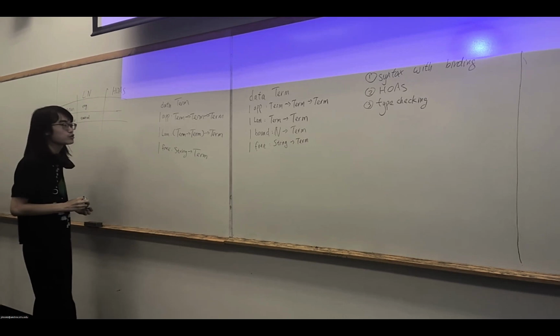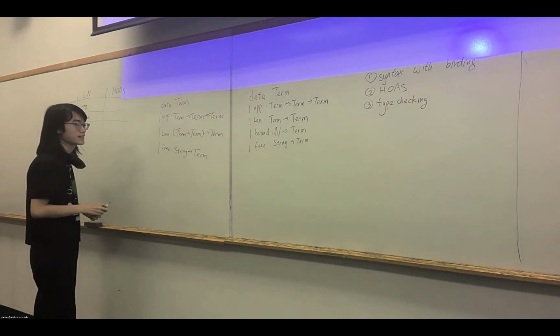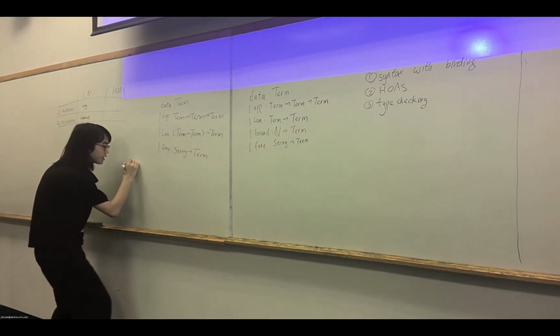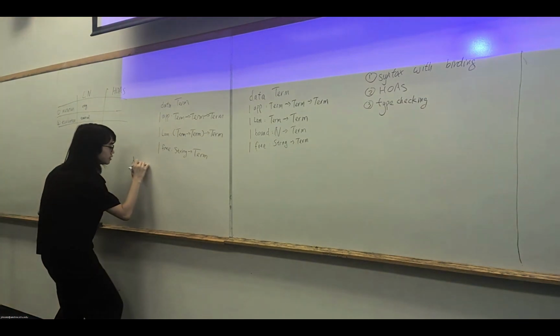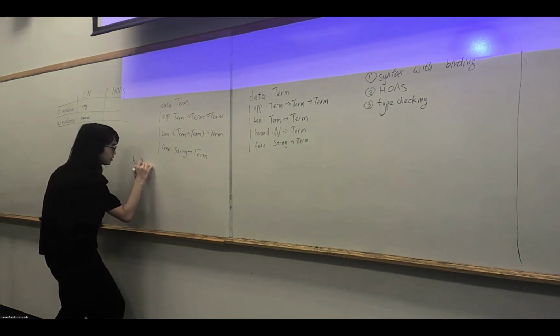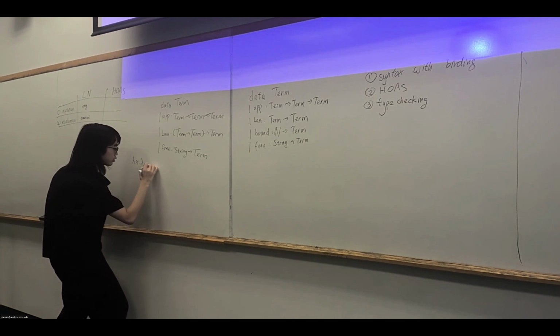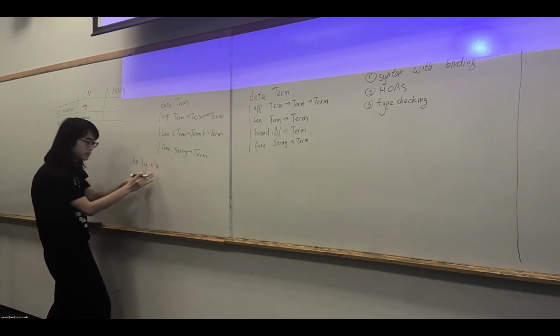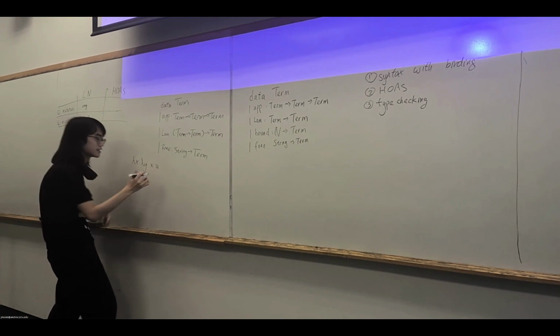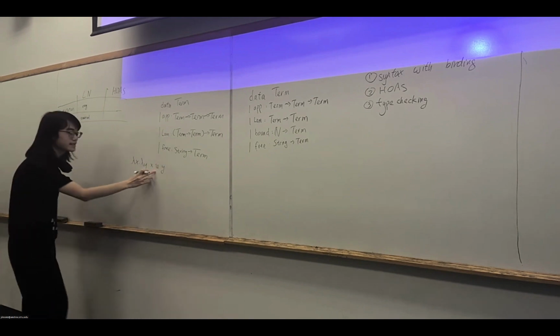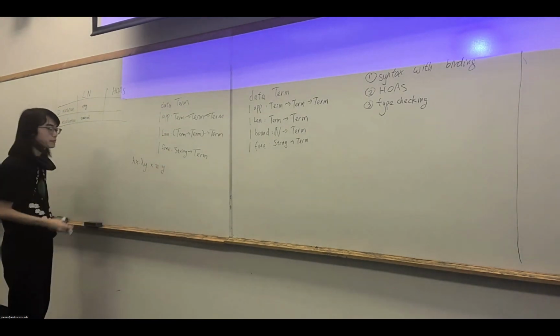When we want to mutate a term, say I have a lambda term, I want to have this unknown term inside of it, and I want to replace it with the solution of it.